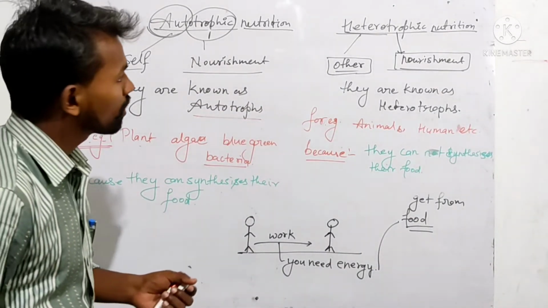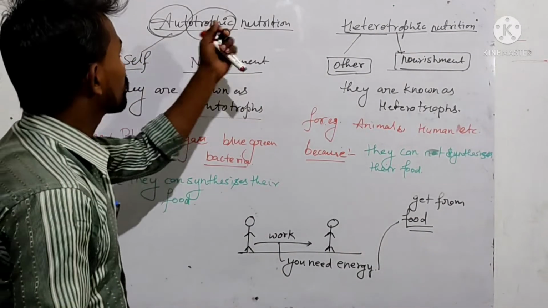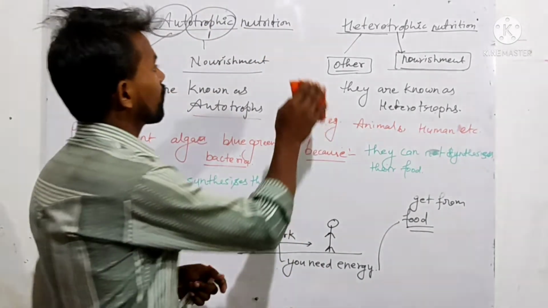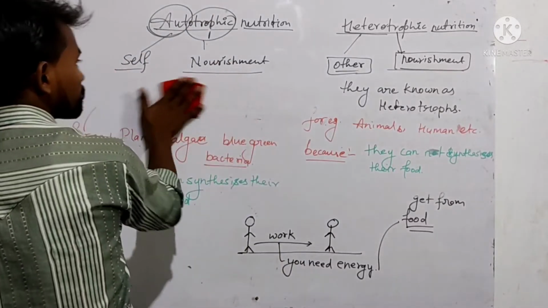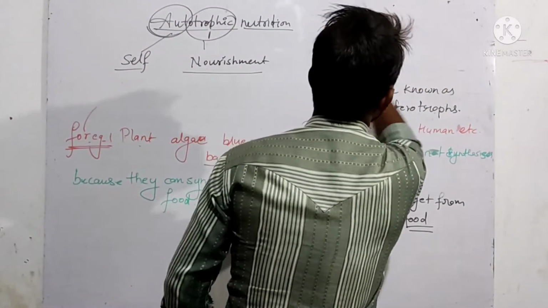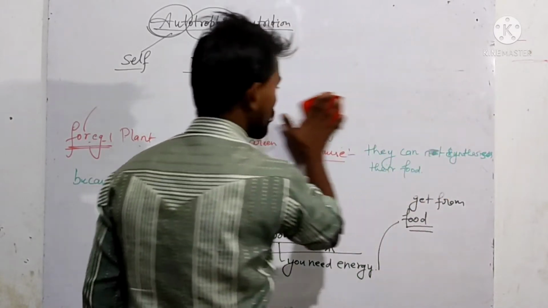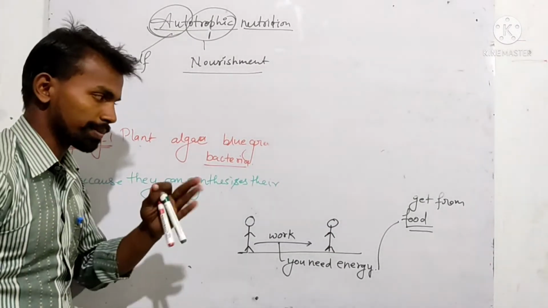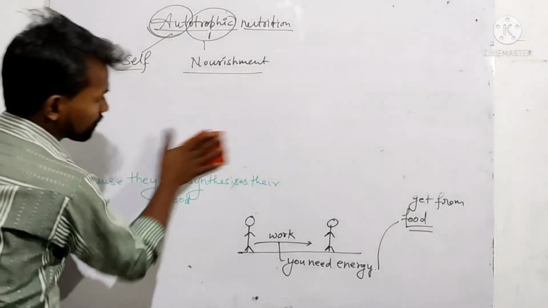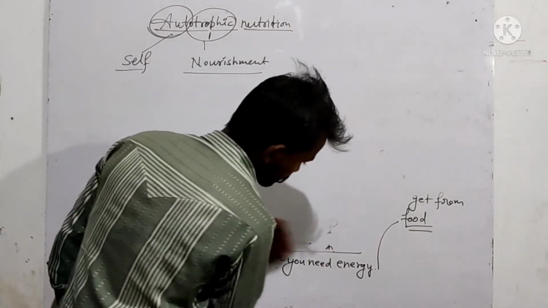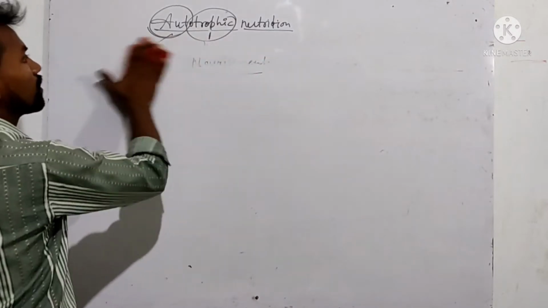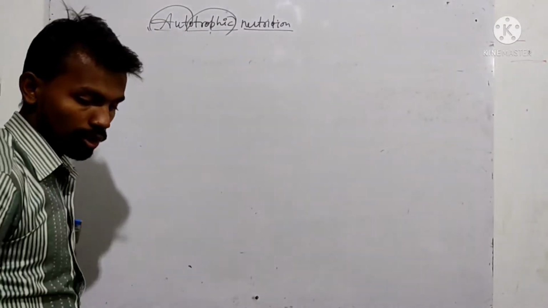So friends, we will have to study more about autotrophic nutrition. What are autotrophs? What is autotrophic nutrition? Autotrophic nutrition is divided into two types.